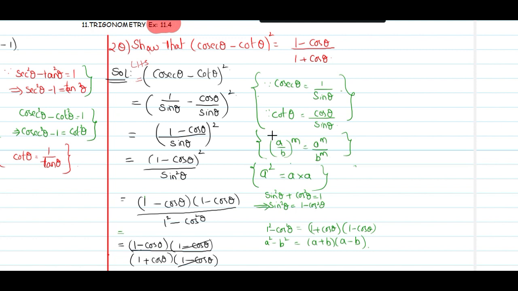What does it mean? If you have a whole bracket with a power, that power belongs to both the numerator as well as the denominator. So, we have this whole square, and this square belongs to both numerator and denominator. So, 1 minus cos theta whole square, we are applying it separately, upon sin square theta.